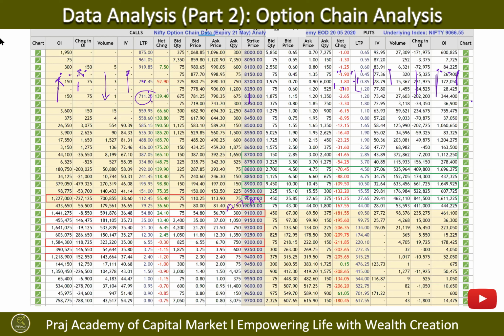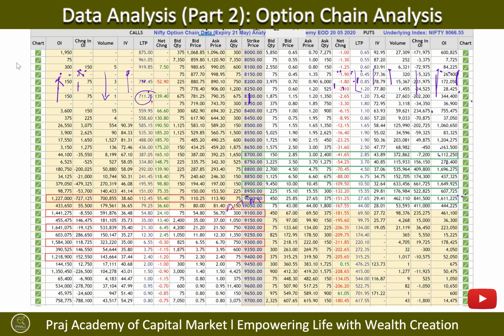So in the OTM portion, we will be looking at support levels on the put side, and on the call side, we will be looking at this level for resistances.